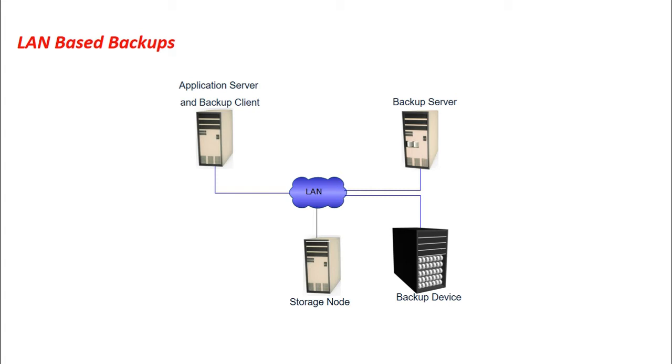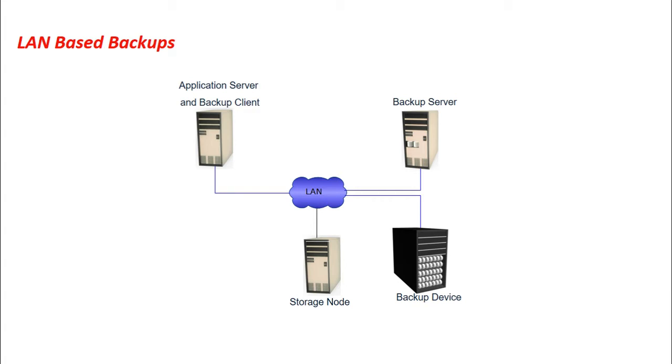The data to be backed up is transferred from the backup client to the backup device over the LAN, which might affect the network performance. Since the data, the metadata and everything else is transmitted through the LAN, the LAN performance may be affected while the backup is taking place.